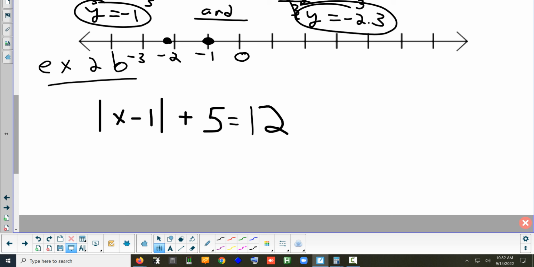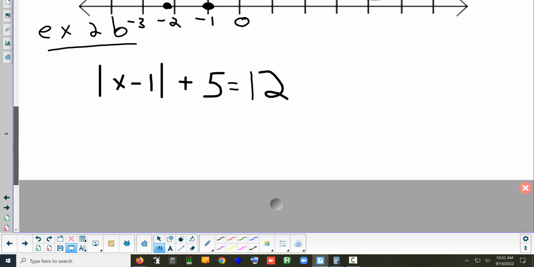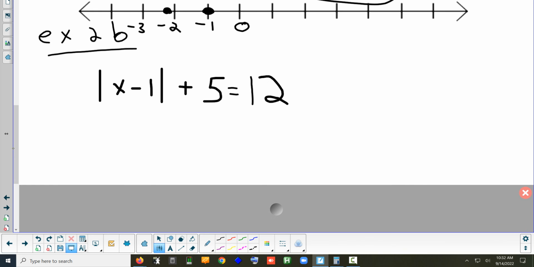Is the absolute value by itself? No. So do what you need to get it by itself first. Then split it into 2 problems. I'll give people a couple minutes to do that, and then we'll go over it, and then we'll be done.